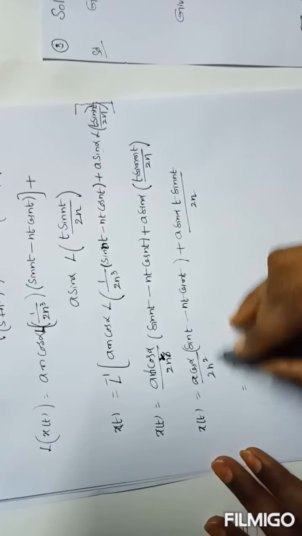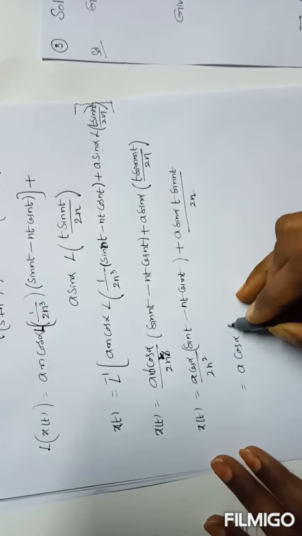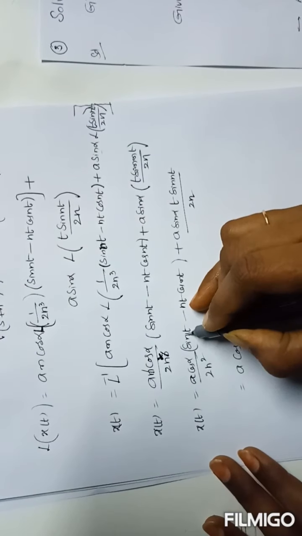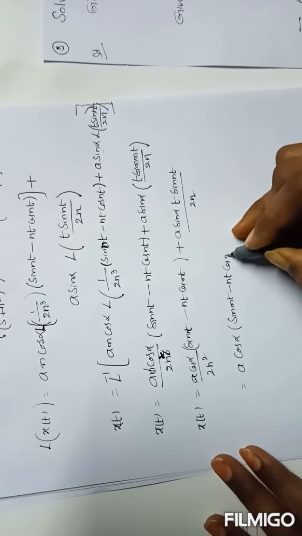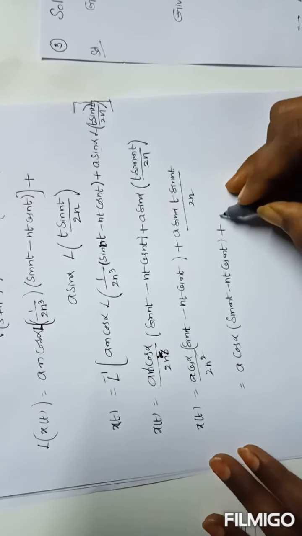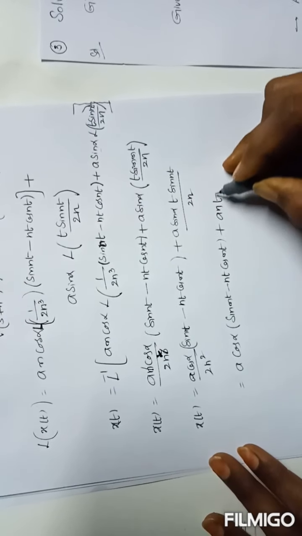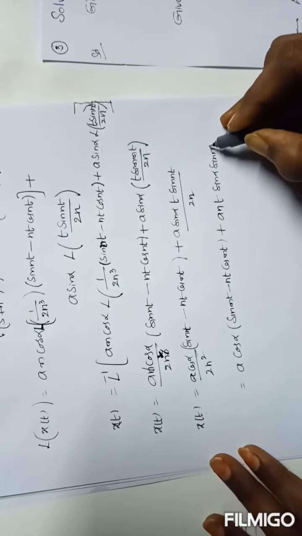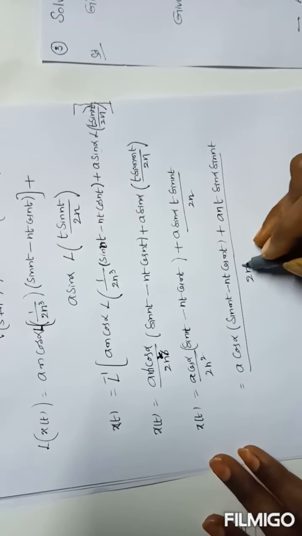Now here the LCM is 2n square, so a cos alpha, sin nt minus nt cos nt, plus a n t sin alpha sin nt, whole divided by 2n square.